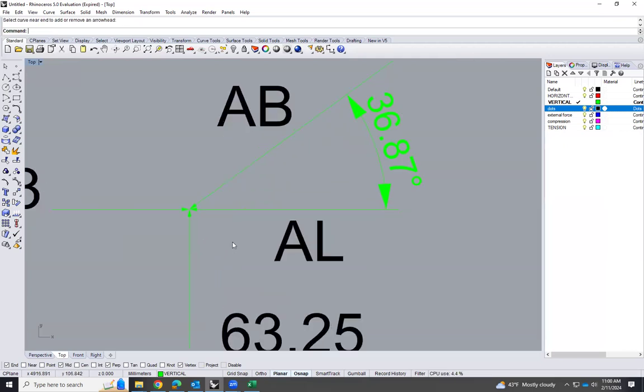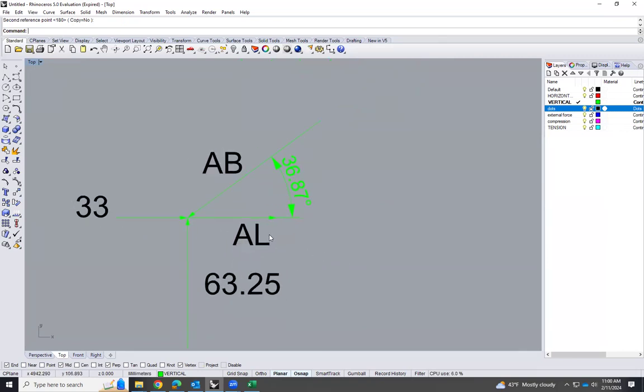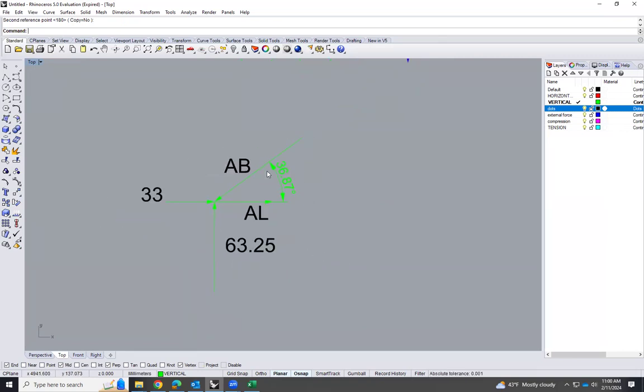No, I think I'm going to make the assumption that it's the other way around, like this. Why is that? Well, because I think this is going to be greater than this one, so that will go in this direction.